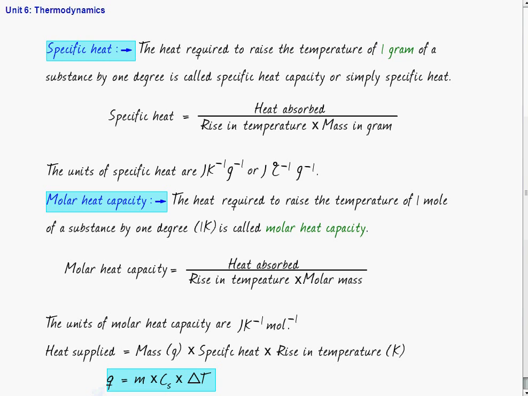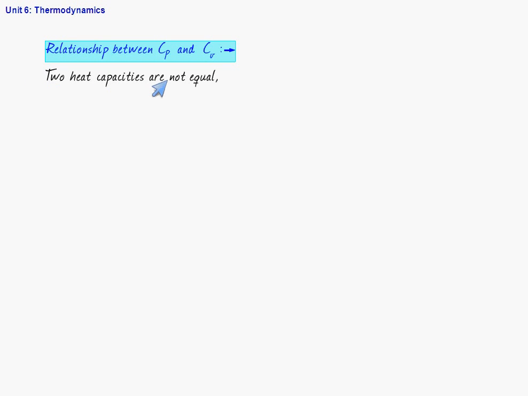Now let us discuss another thing, that is the relationship between Cp and Cv. We have already discussed the two heat capacities are not equal. Cp is greater than Cv. Now let us find out the relationship between Cp and Cv.